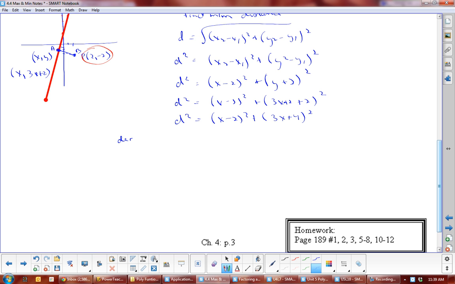Let's do the derivative. So we've got 2d times d over dx equals 2 times x minus 2 times 1. I'm going to put the times 1 so people get it. I know someone yesterday was doing a derivative and had to use the chain rule and said, we still have to use the chain rule? Yeah, you still have to. And then 2 times 3x plus 4 times 3.